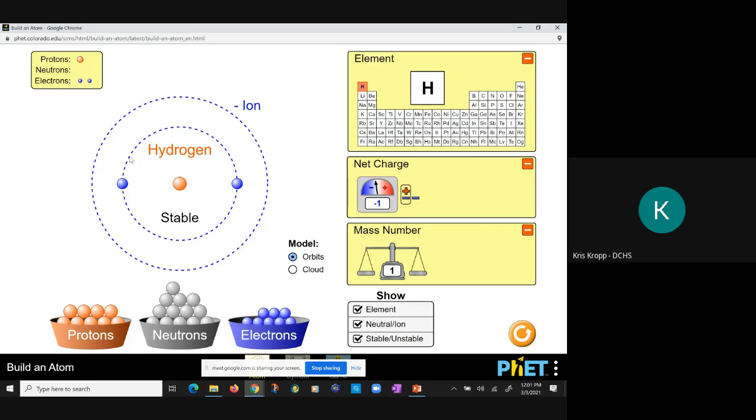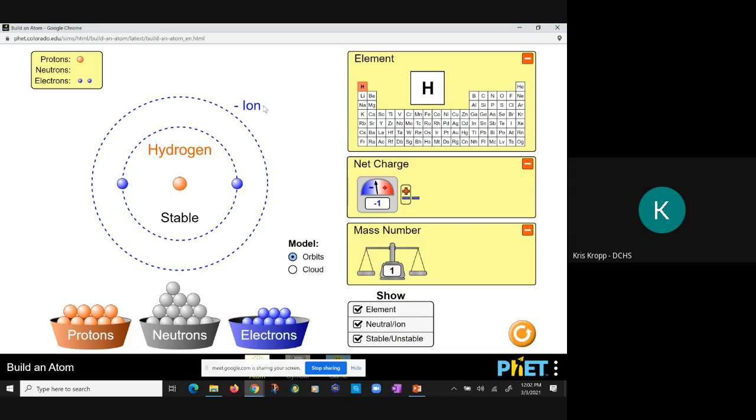Well, notice that it goes on that same inner circle. And now notice that I've got a negative ion. So when I had just the hydrogen atom a moment ago, I had a positive ion. It was orange. Go with my protons. Now, when I put 2 electrons in here, I have a negative ion.